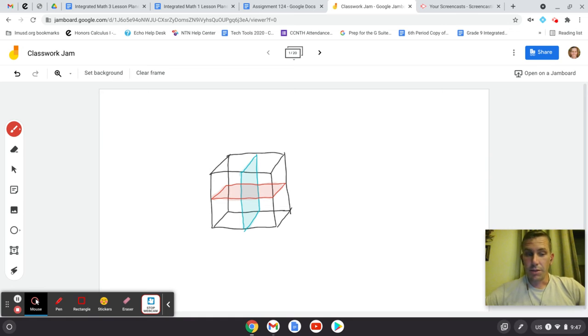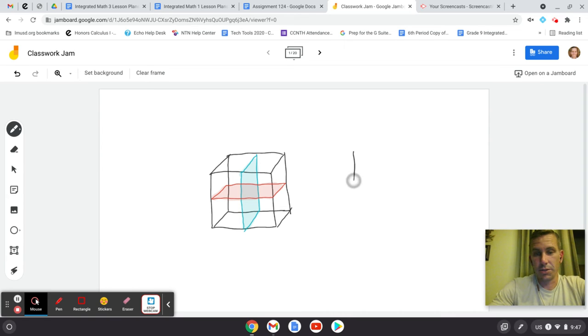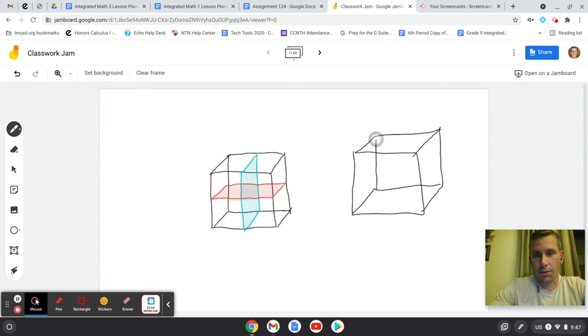Another kind of symmetry that you're going to be answering questions about is rotational symmetry. And what rotational symmetry is, let me draw another cube. Rotational symmetry is like if you took a red line and you drew a line straight through this cube, straight from top through bottom.